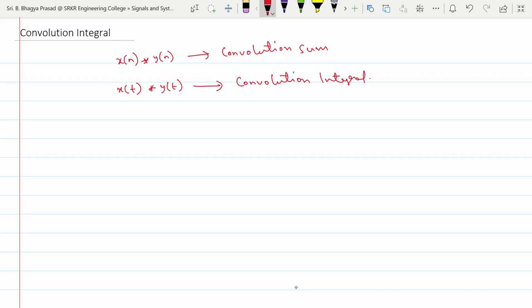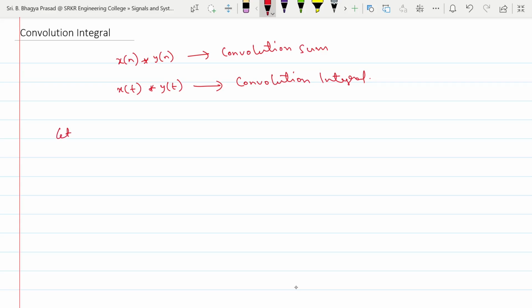For discrete time sequences we use the sum, and for continuous time signals we go for the convolution integral. So let us see the convolution of two signals, and the formula was given.